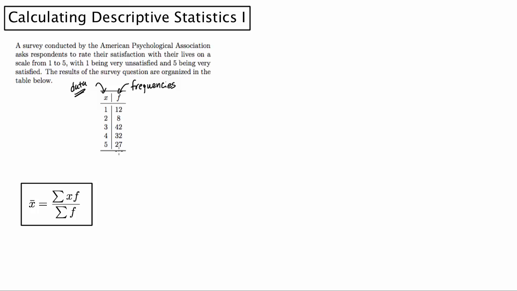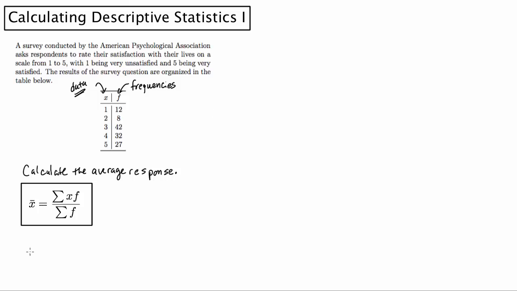And what I want to look at for this is I want to calculate the average or the mean response. Now, we did this previously using a table. I want to do this using MathStudio, but I do want to remind you of the formula.